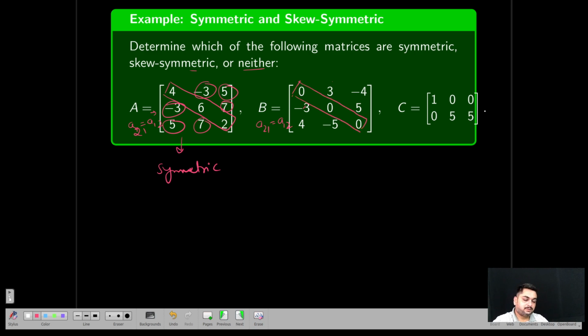And A of 2, 1 should be equal to minus of A of 1, 2, right? So minus 3 and 3, 4 and minus 4, minus 5 and 5. So this is a skew symmetric matrix.